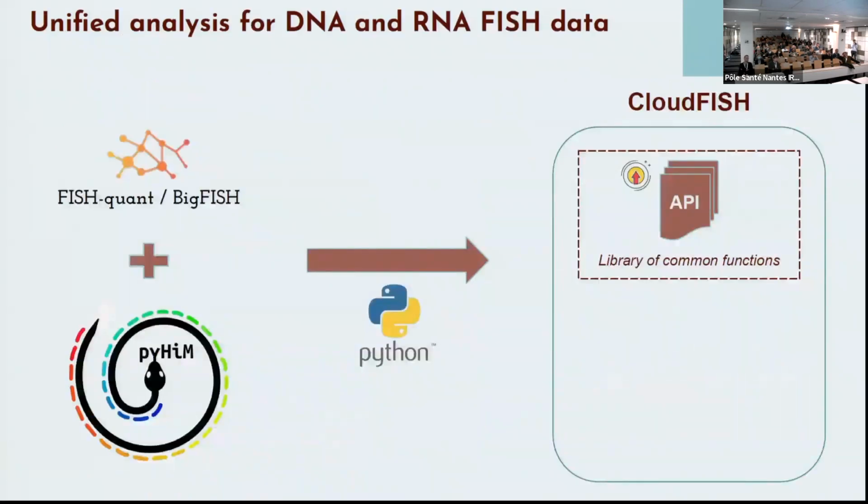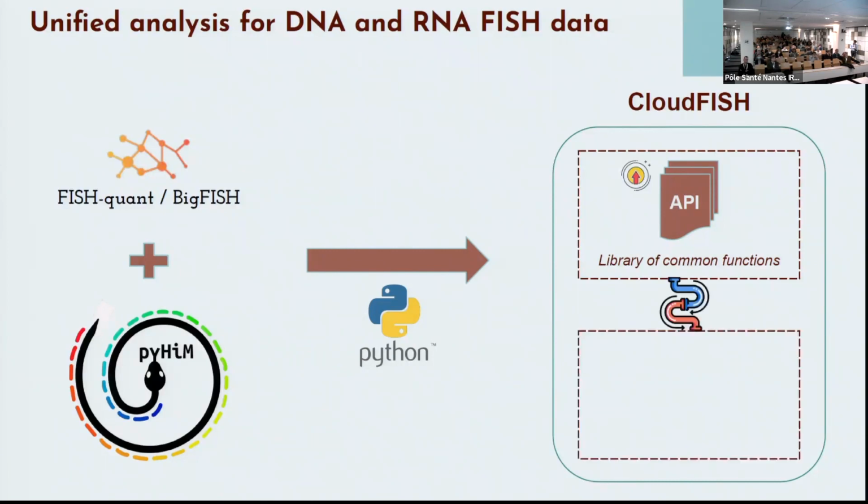So in the CloudFish project, there are two main goals. The first is to unify the two tools into a common and generic Python library of features. This library is for all FISH data analysis, and we want to make this library improvable by the community.